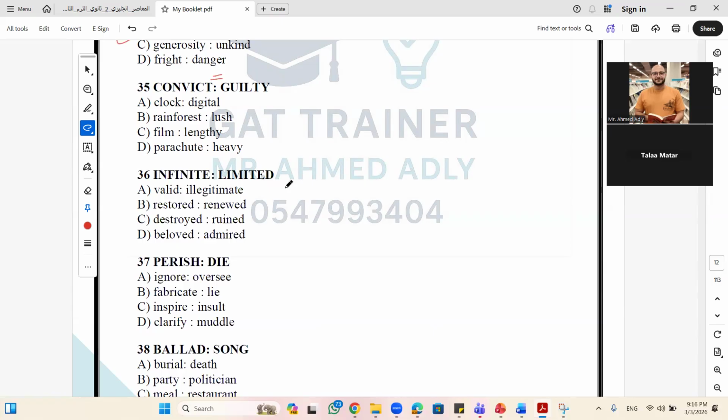A parachute doesn't have to be heavy, by the way. We got a better one. There's a better one, by the way. Clock and digital? No. This is too broad. A clock does not have to be digital, by the way. A watch can be digital.